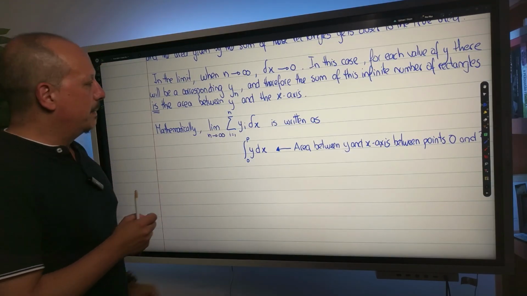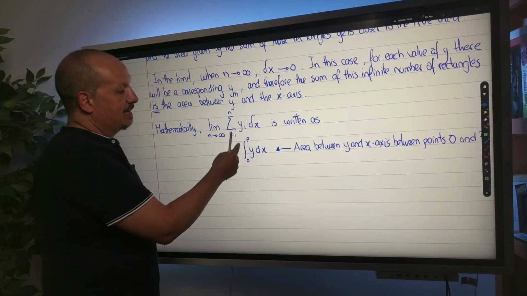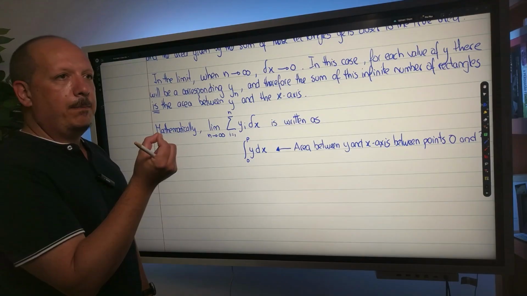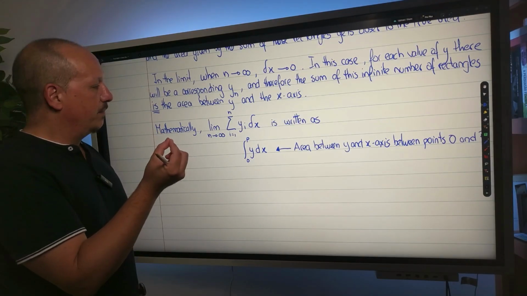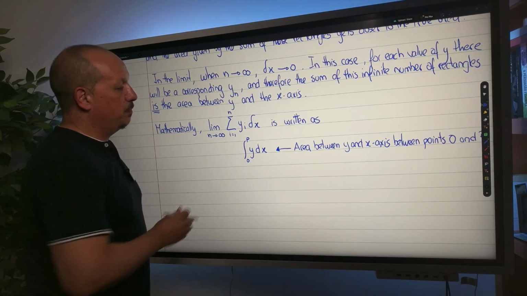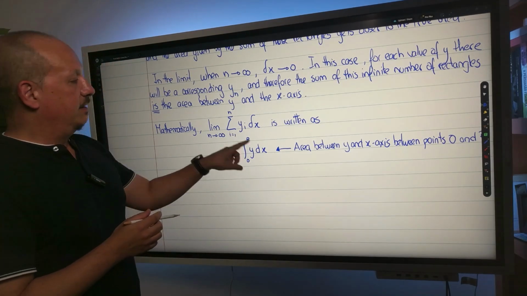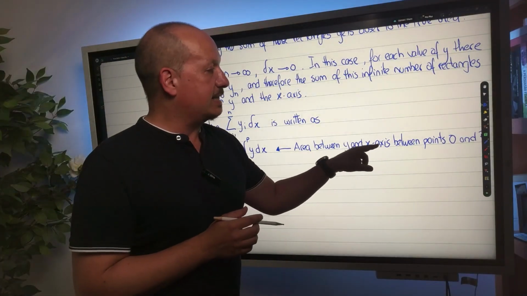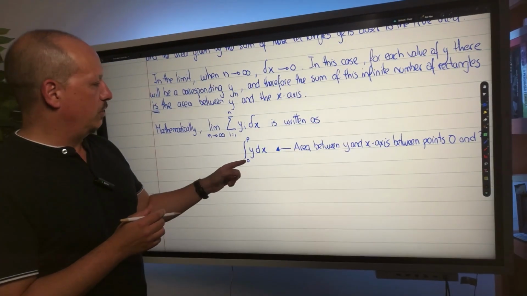All right, but now it's a sum of infinite tiny small width rectangles from 0 to point P, and this is going to give you the area between y and the x-axis, between the points O and P.